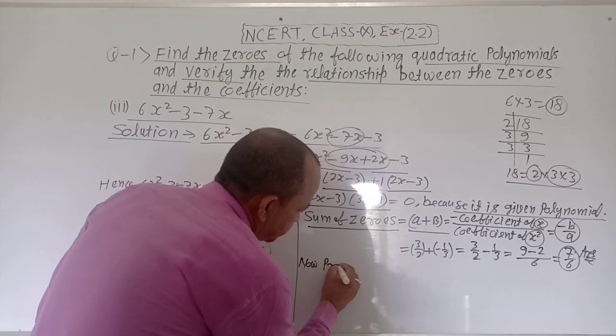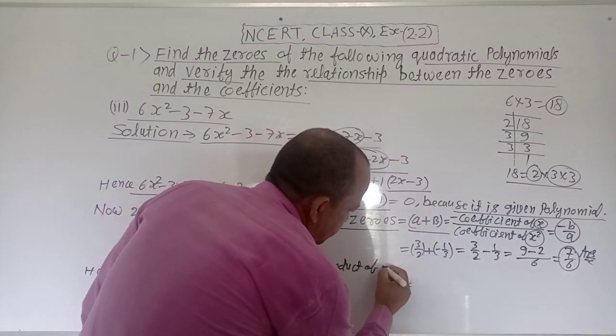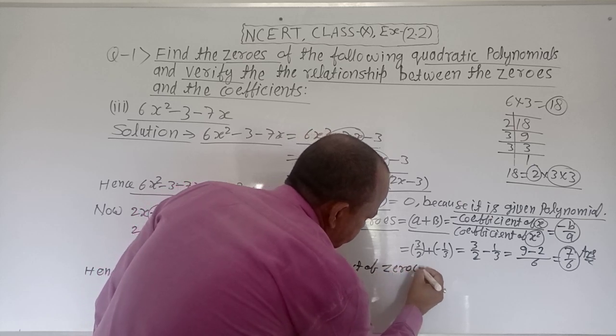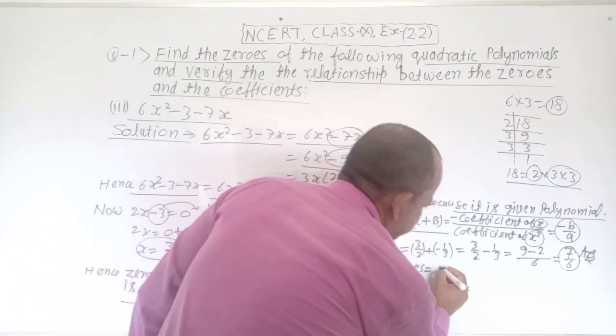Product of zeros equal to alpha multiply beta.